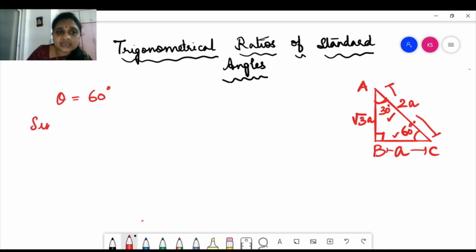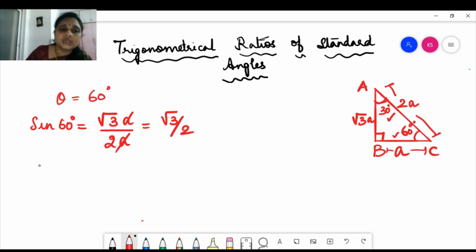Now, what is sine 60? That's nothing but opposite, or the perpendicular, by the hypotenuse. What is opposite to 60 degrees? That is AB, that measures root 3a, divided by the hypotenuse that measures 2a. So I simplify, a's cancel as common factors, and I get a value of root 3 by 2. Then next is cos 60. That's nothing but the adjacent side of the 60-degree angle by the hypotenuse.